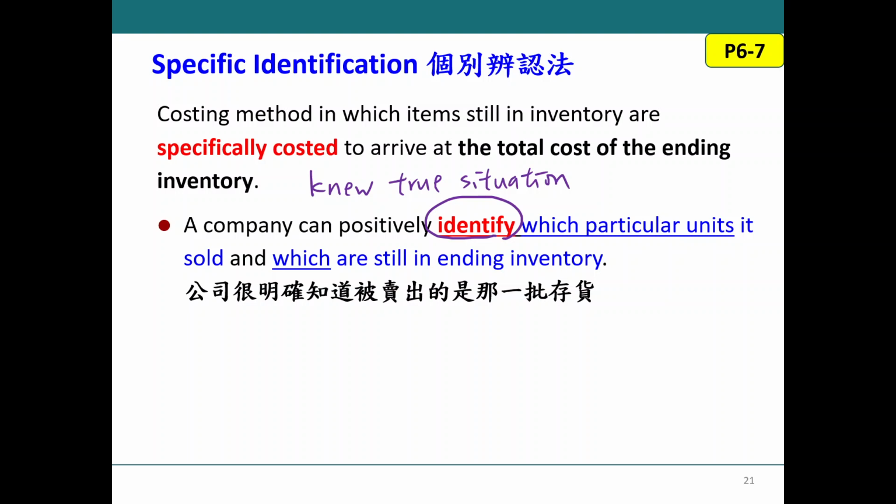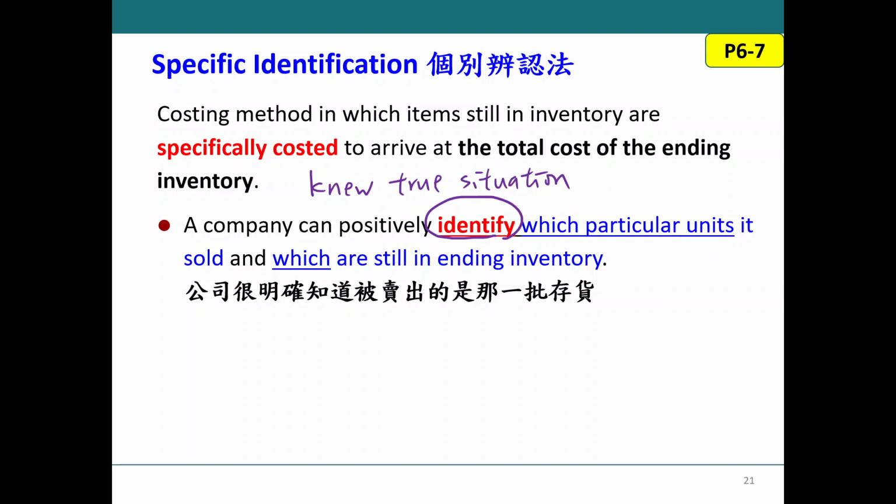Like a family convenience store, like a 7-Eleven, for them it's impossible to know which one was sold. So this method, specific identification, is only for rare cases, for some kinds of inventory. The very expensive products, like what? Tiffany. Tiffany sells diamonds, right? Each diamond is different.